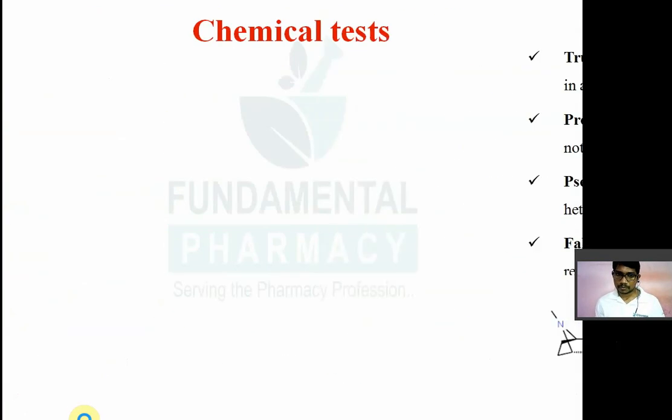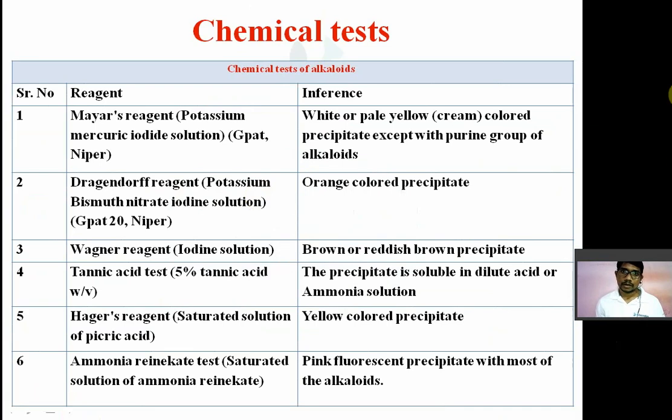Now we'll see the chemical tests for alkaloids. It is again a very important point, and a lot of times they have already asked questions on this. What are the different identification tests for alkaloids? There are 6 identification tests for alkaloids. The first one is Mayer's reagent, which is potassium mercuric iodide solution. M for mercury.